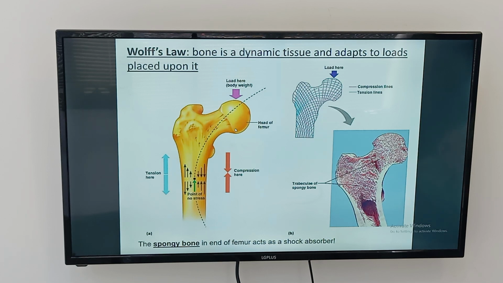As we mentioned before, in the rod, when a force is applied on the rod, because the general form of the bone is somewhat similar to a rod, the force will be applied in a direction from above to below.